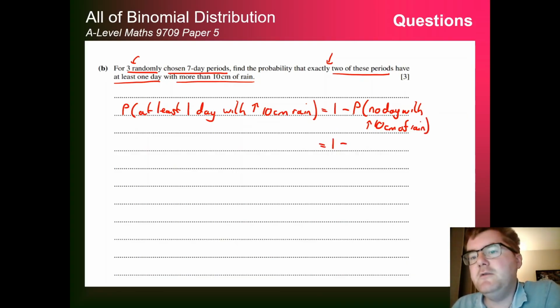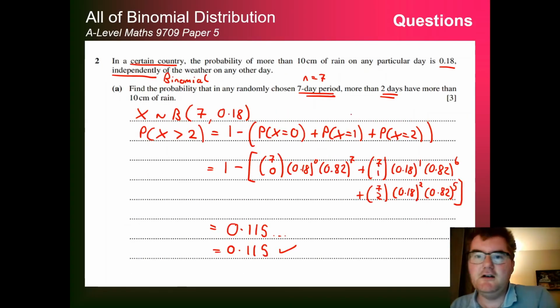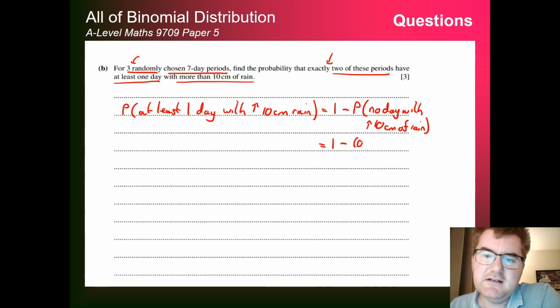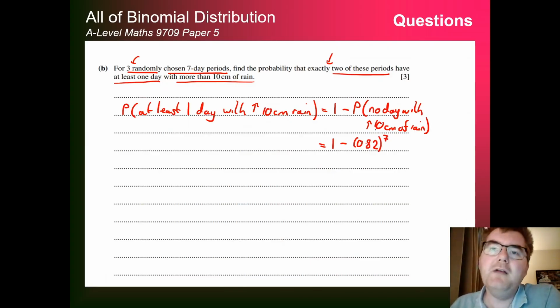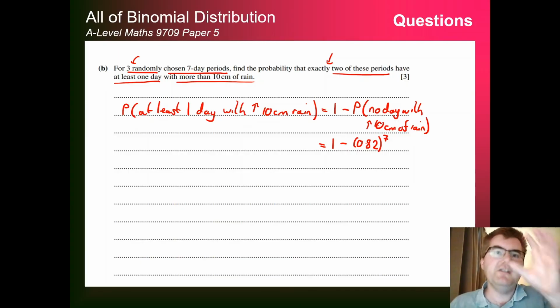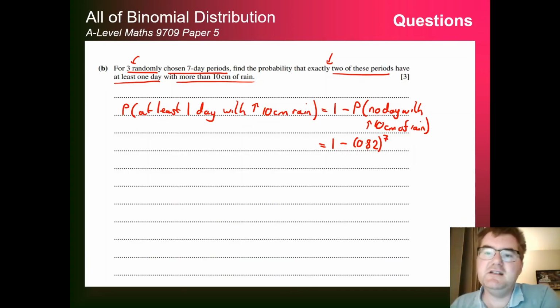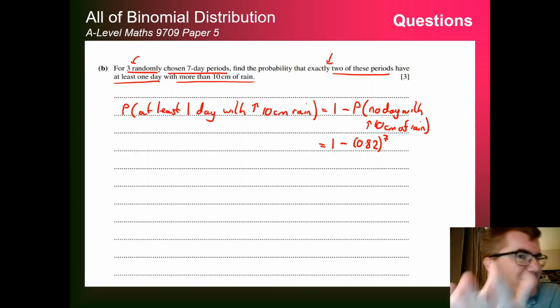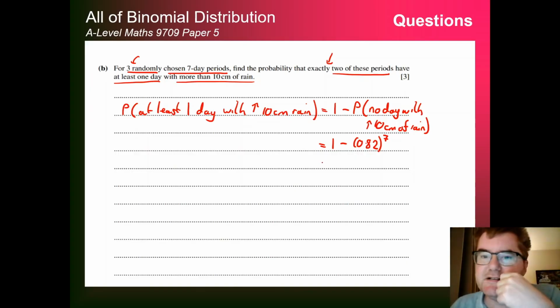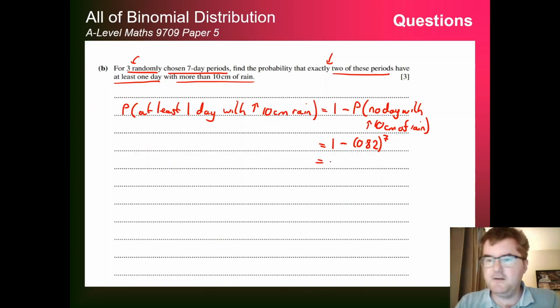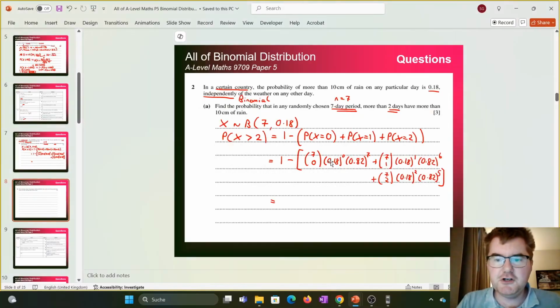On one particular day, it's 0.82, and there are 7 days, and there's only one way of doing it, which is having Monday, Tuesday, Wednesday, Thursday, Friday, Saturday, Sunday, all with no more than 10 centimeters of rain. So there's no choose needed here. You could do 7 choose 0, 7 choose 7, but it's not required. It still just gives you one. There's only one possibility.